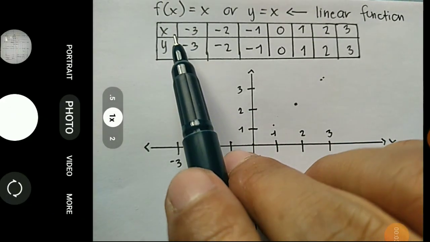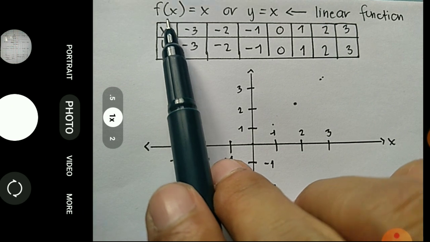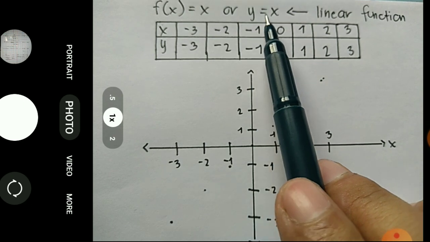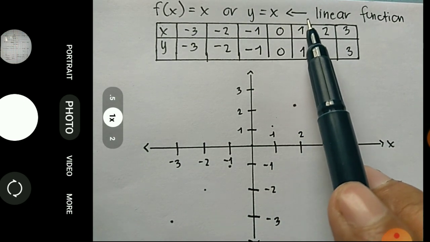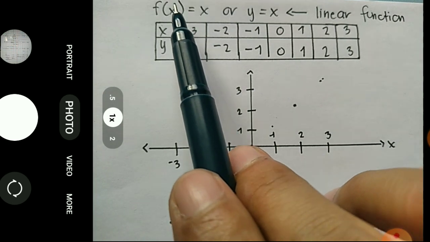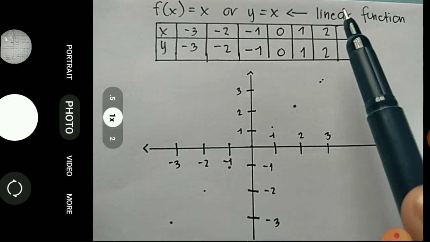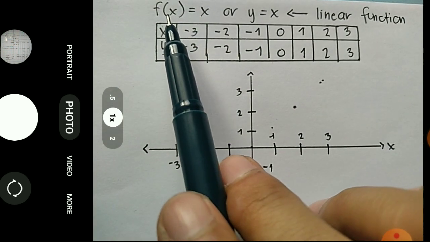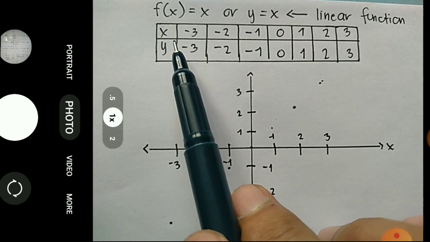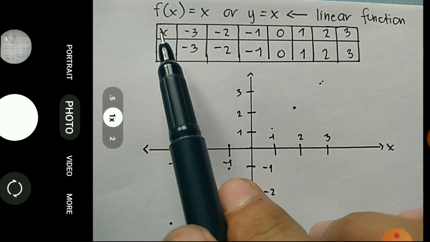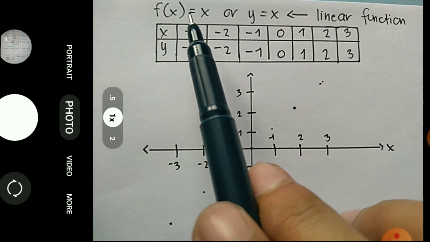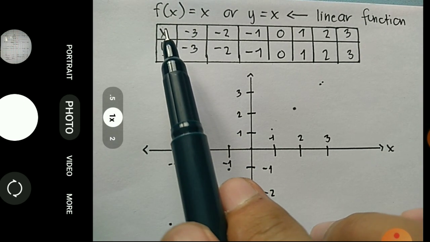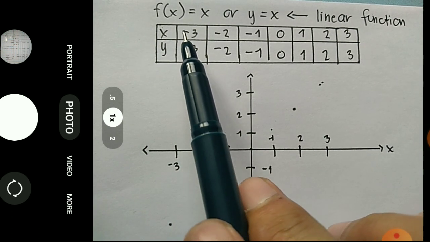So we have here the equation f of x is equal to x, or y is equal to x. I already showed you that this function is a linear function. Since this is a parent function, to know its graph we can assign different values of x, starting from a negative value.